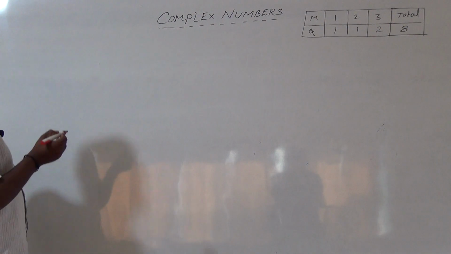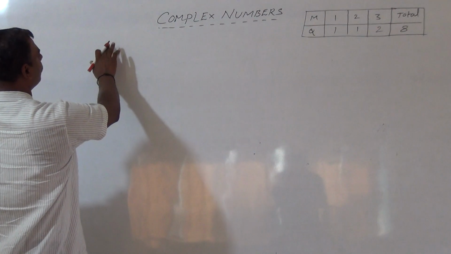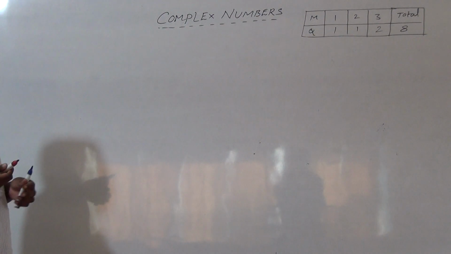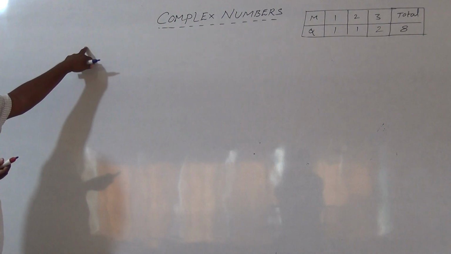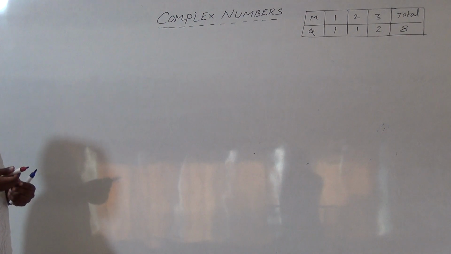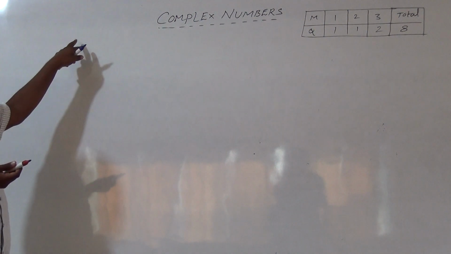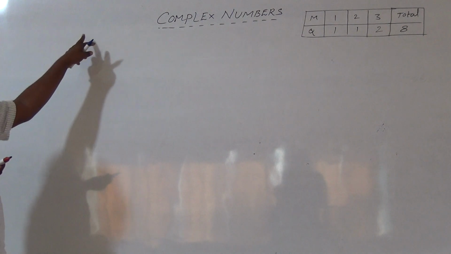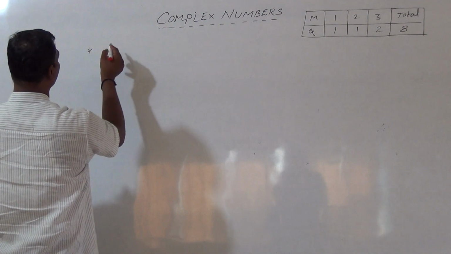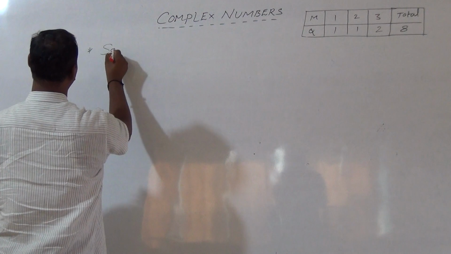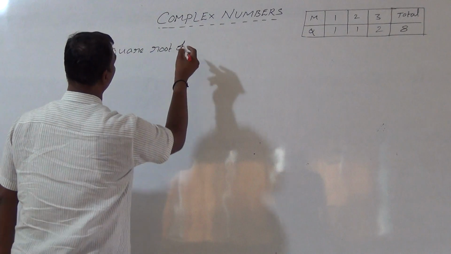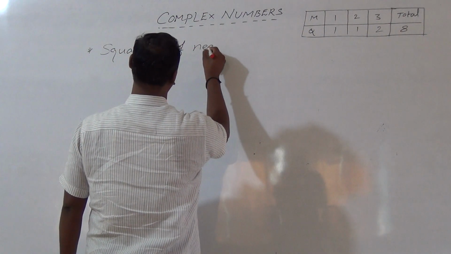So, complex numbers. What is the use of complex numbers? When do we have to use complex numbers? Generally we use complex numbers to find imaginary values, because we do not have the square root of negative real numbers.